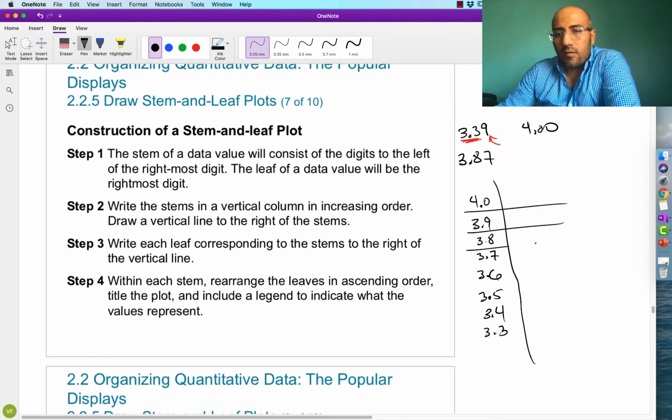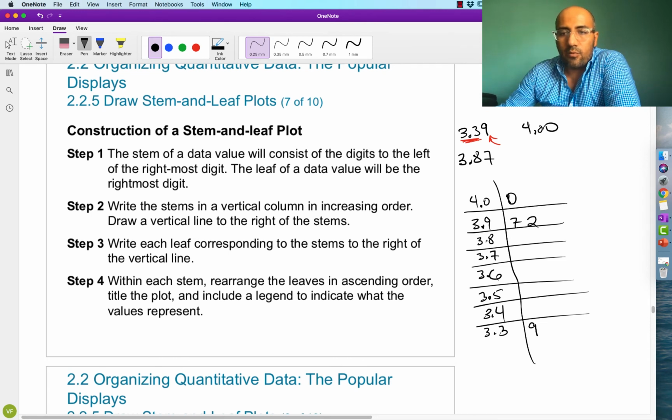And then like this. And then if we have like a 1 here, that means that I guess with this one you'd have only the 0, huh? Okay, so if we had a 7 here, that means somebody got a 3.97. We had a 2, so that means somebody got a 3.92. So this 3.39, that would be 3.39, and 3.87 would go there. Good.